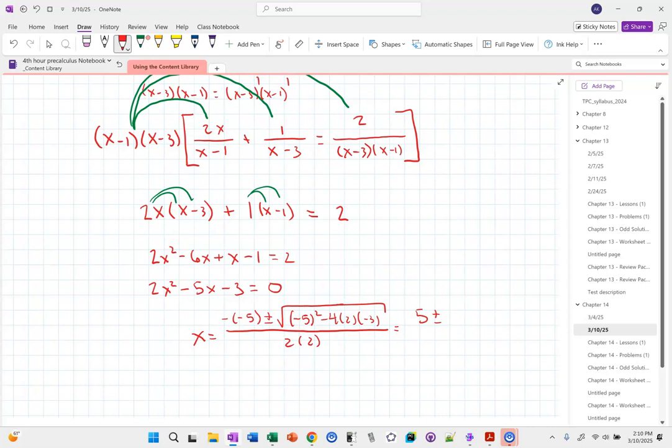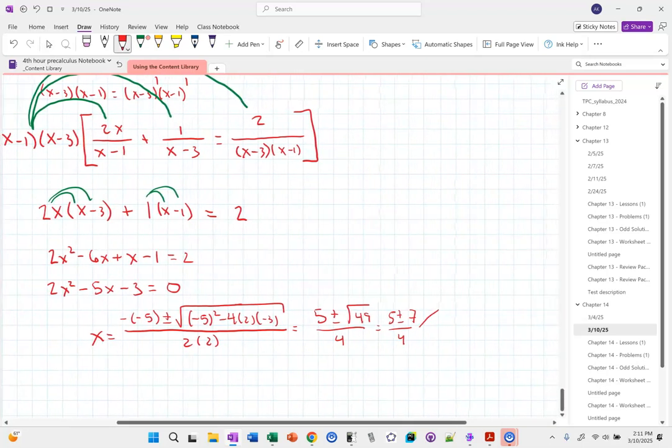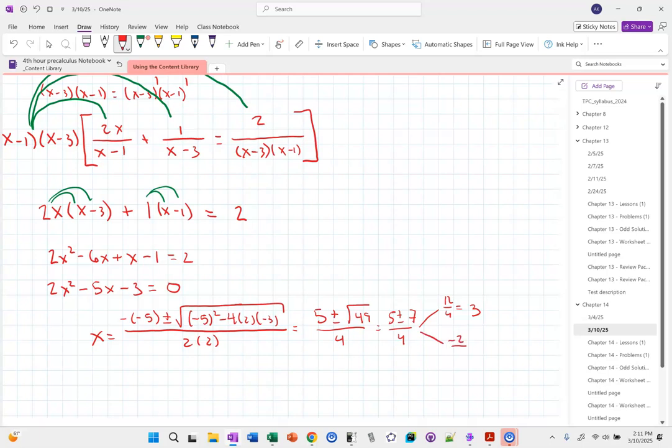Minus 4 times 2 times negative 3 is 25 minus a negative 24. So that's 49. The square root of 49 is 7. 5 plus 7 is 12 over 4, which is just 3. And then 5 minus 7 is negative 2 over 4, or negative 1/2.